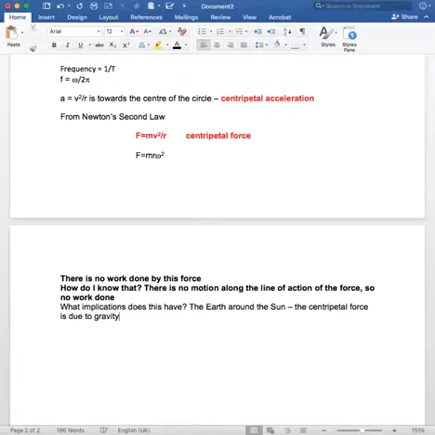So moving on then to look at an example, I have a diagram that I want to copy over.